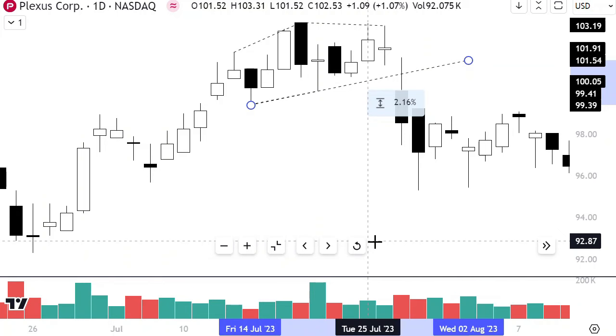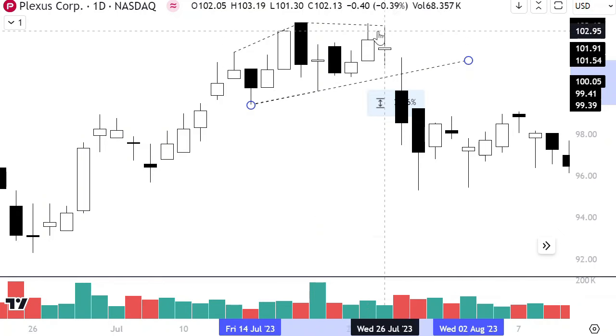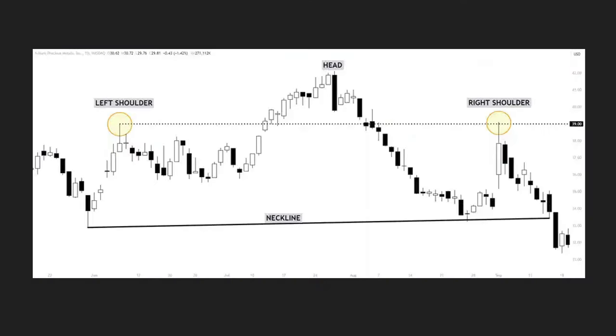Now, my preferred way of trading these is actually trading at the right shoulder. And this one's a better definition of what I'm talking about. It's perfectly across here. But generally I look for, on the right shoulder, we get a break of the left shoulder resistance area and then a rejection.